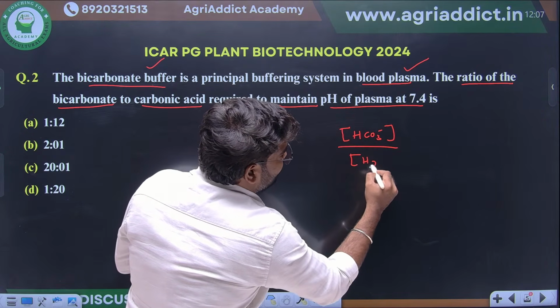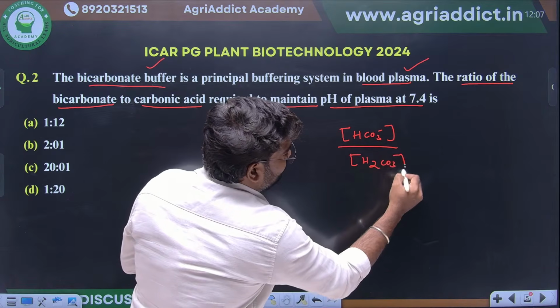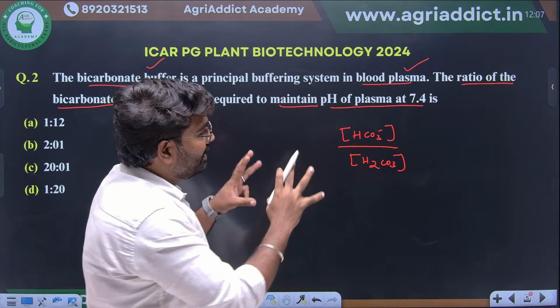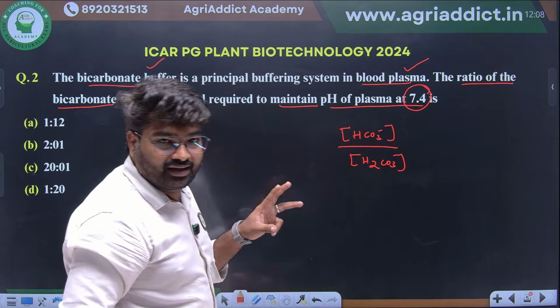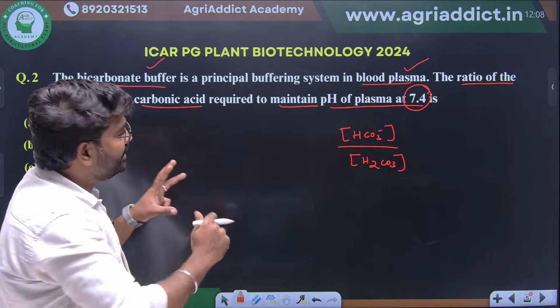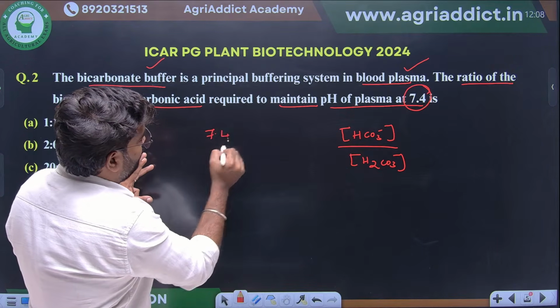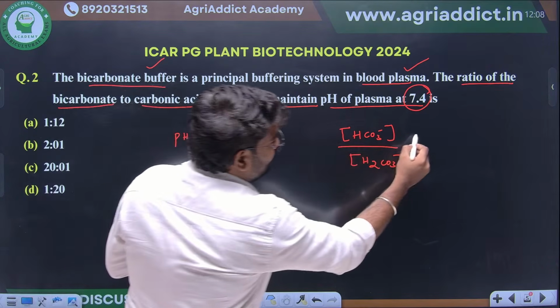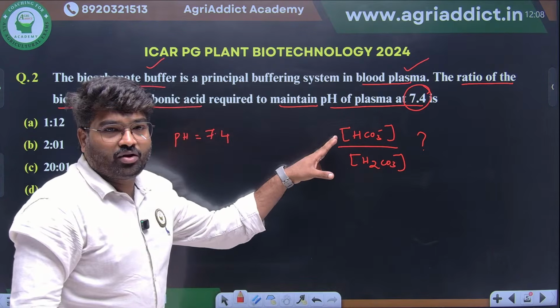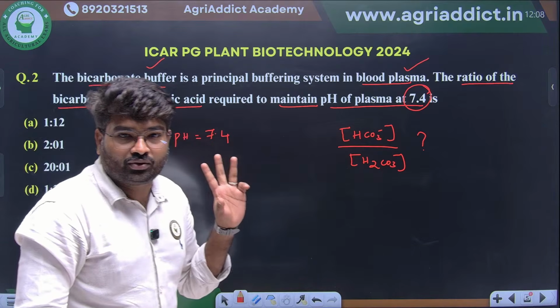From this question they have given the pH as 7.4. Then the concentration ratio of bicarbonate to carbonic acid we have to find.